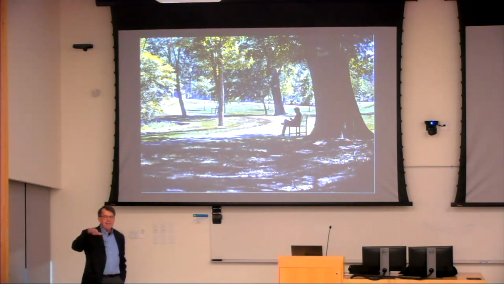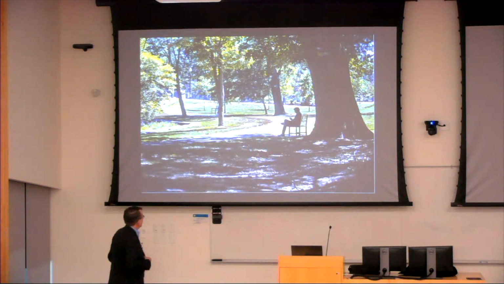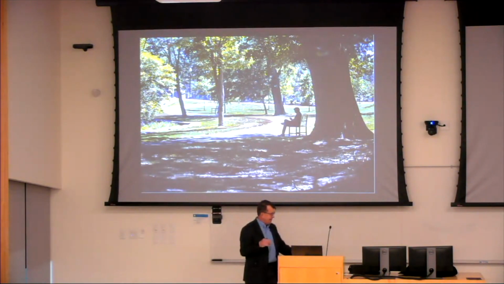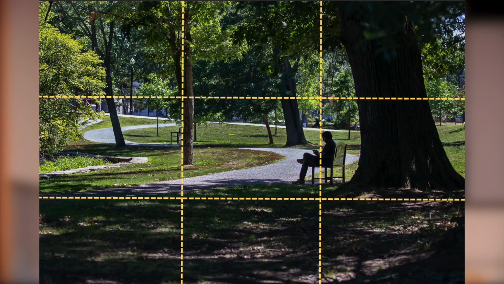So the leading line is the S-curve going through the central portion. Obviously, the focal point is the person sitting there. And one thing with photography, we're people, so our attention is usually focused on whatever person happens to be in the scene.